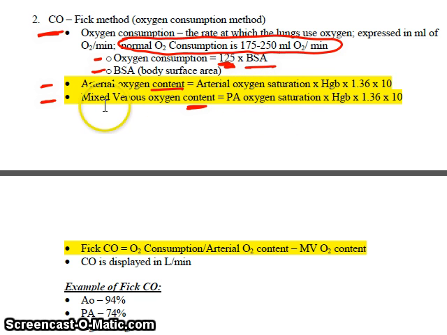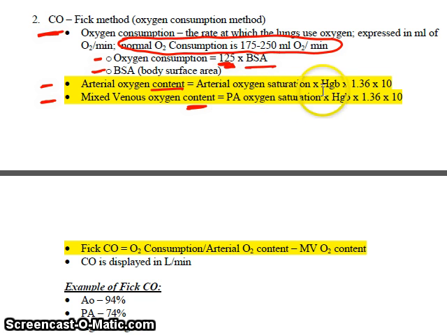Also, I need to point out that mixed venous blood comes from the pulmonary artery. The best place to get mixed venous blood is from the pulmonary artery. They draw blood from the pulmonary artery and then check its oxygen content.